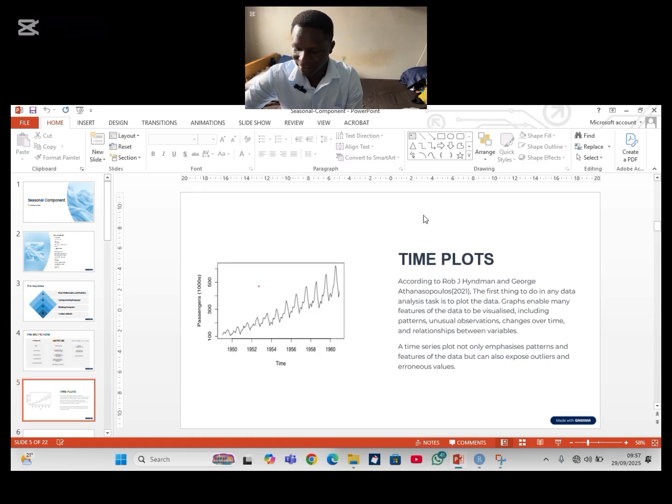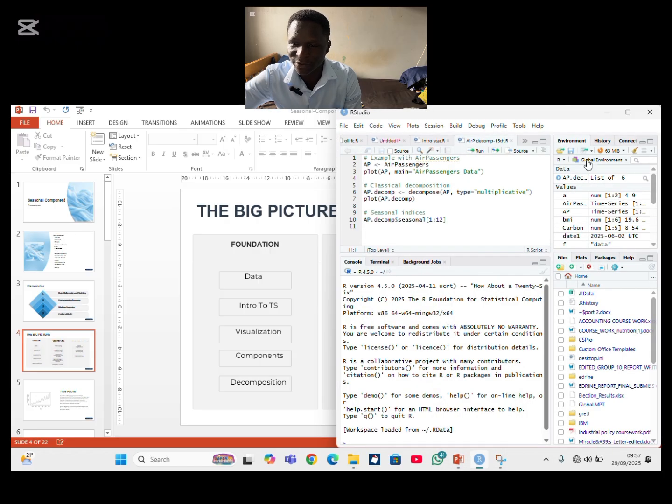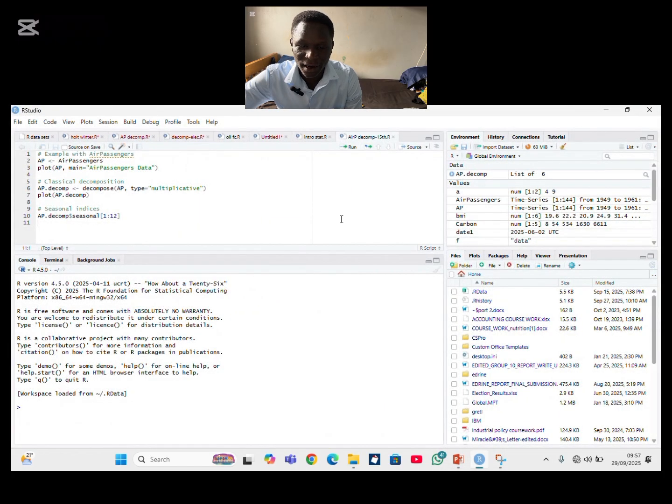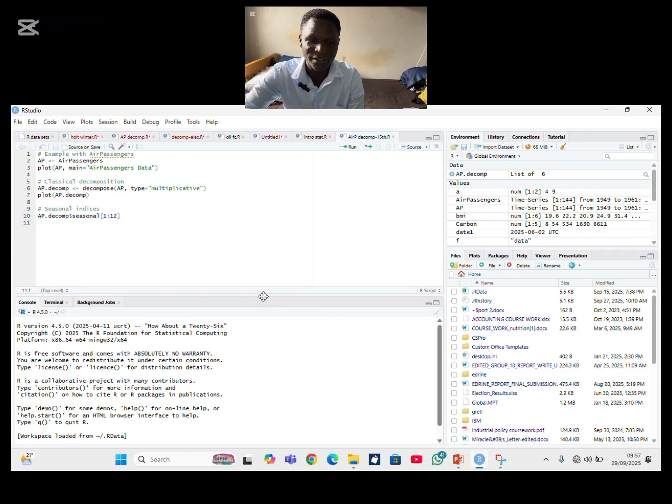Before we get to that, let me introduce to you the platform of R that we are going to use. R as a software, most importantly, has 4 sections. The first one is on the top left corner, and that is where we write our R scripts, and below that is the console, where we run our commands.